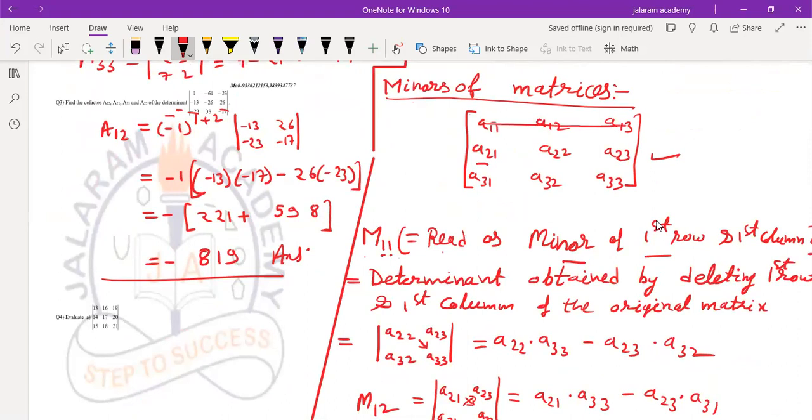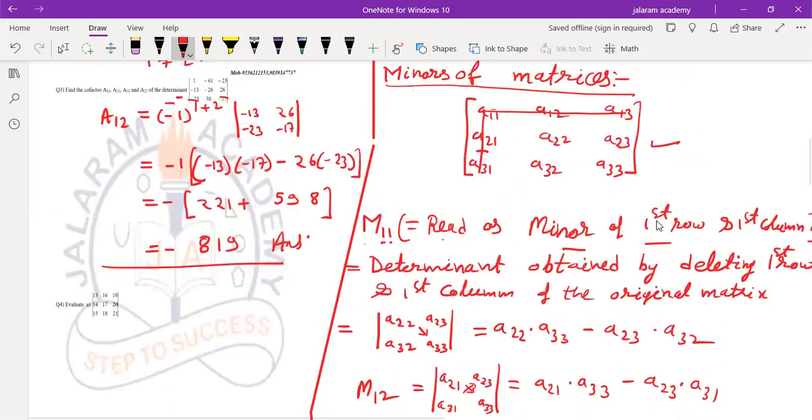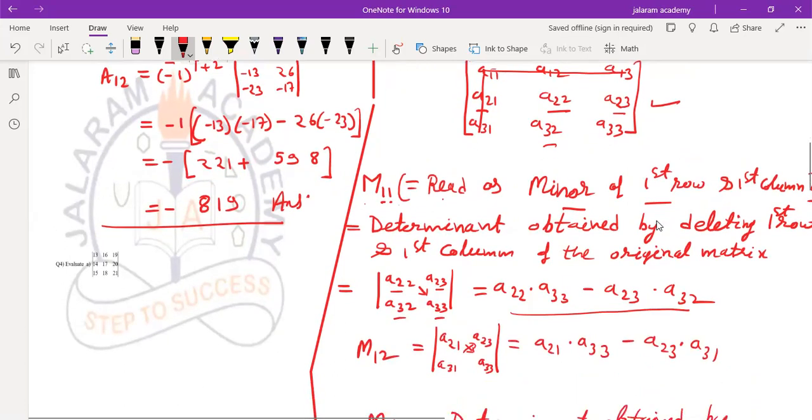The remaining elements are A22, A23, A32 and A33, which is evaluated by the same cross multiplication method: A22 A33 minus A32 A23, which is the minor of first row first column.